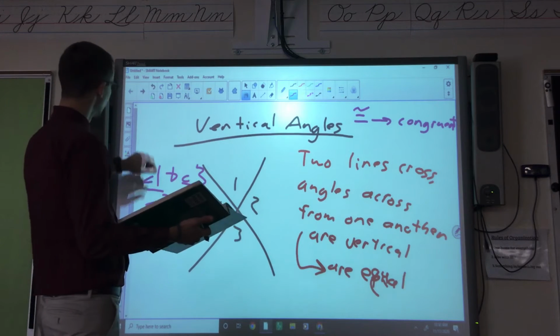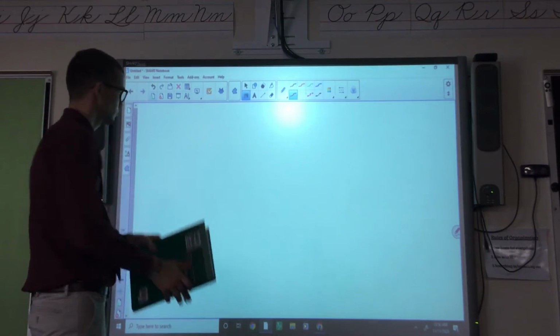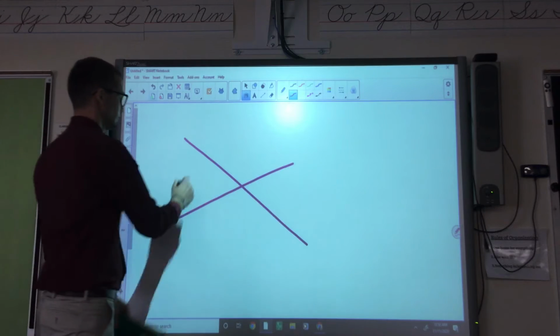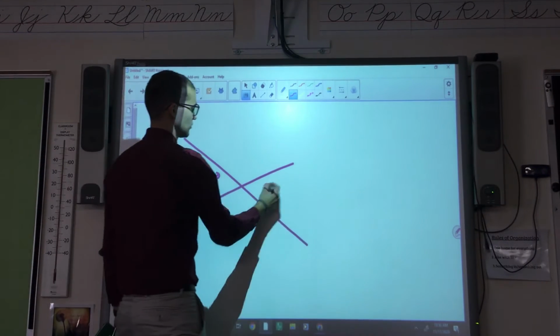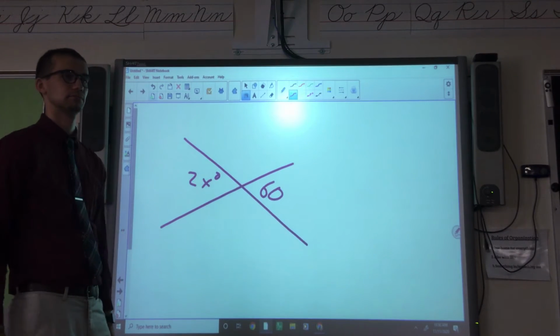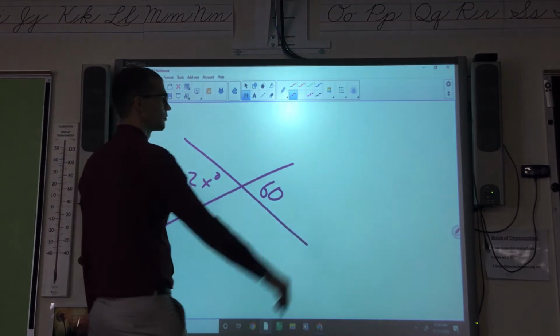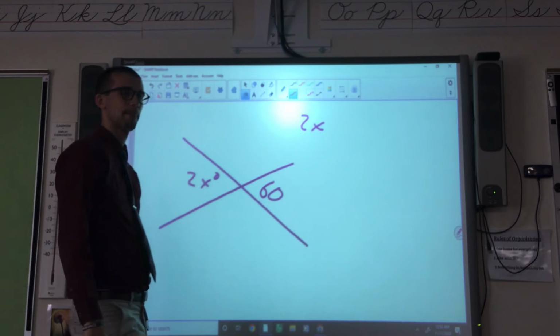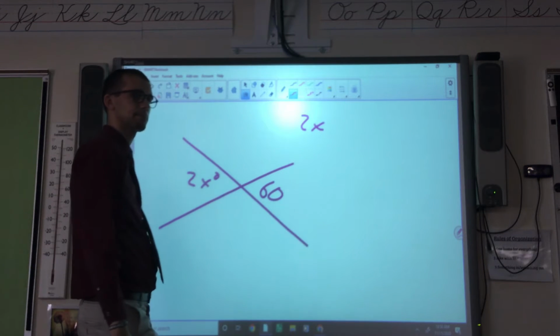So if you look on the bottom of page 26, it's got 2x and 60 degrees. So if you want to find out what x is, what could you do? It would just be 60 divided by 2.